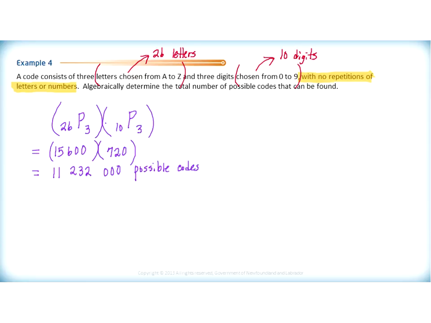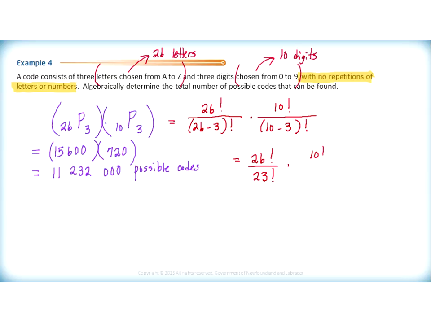You can also use the factorial representation of this information. 26 permute 3 can be written as 26 factorial divided by 26 minus 3 factorial, multiplied by 10 factorial divided by 10 minus 3 factorial. That simplifies to 26 factorial divided by 23 factorial multiplied by 10 factorial over 7 factorial.